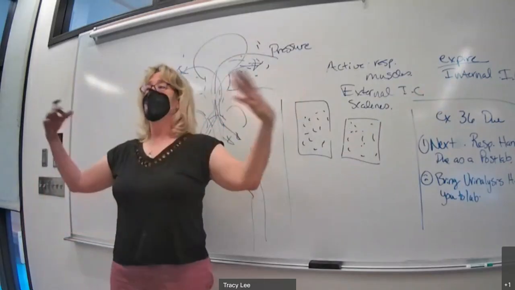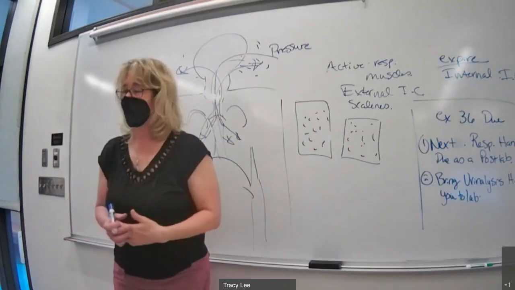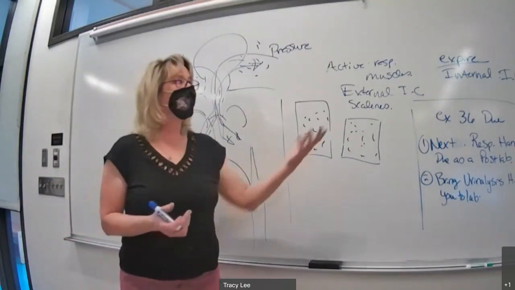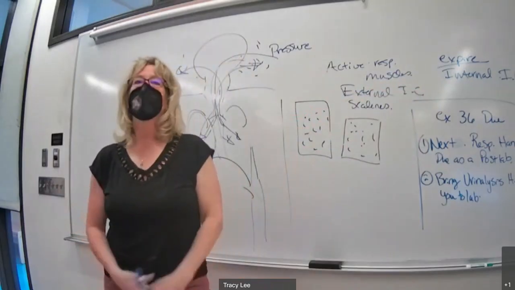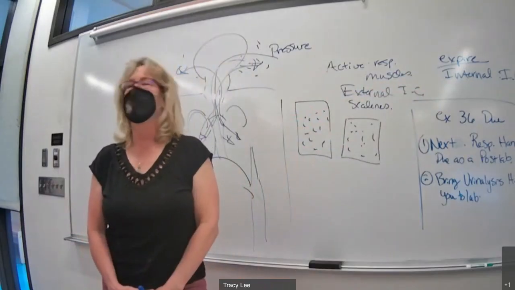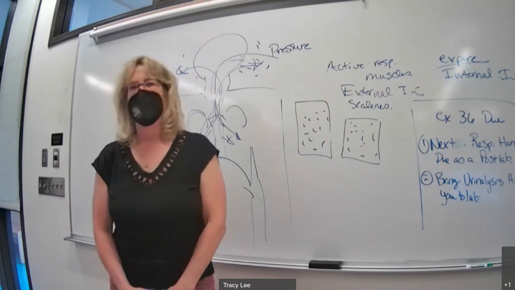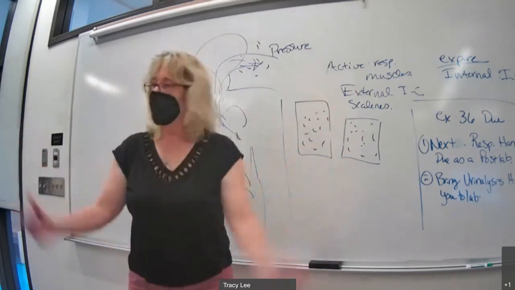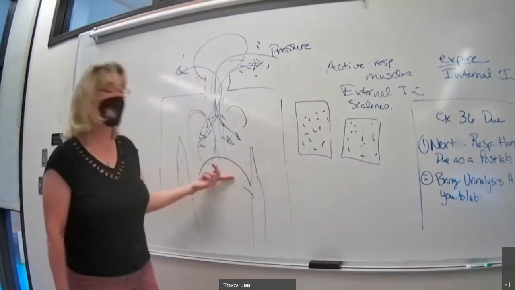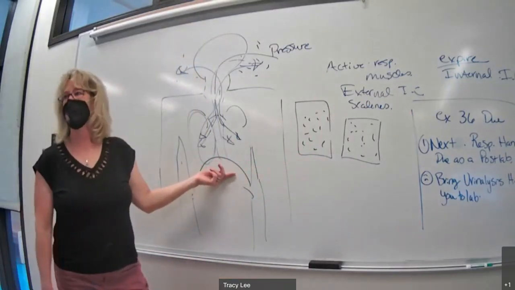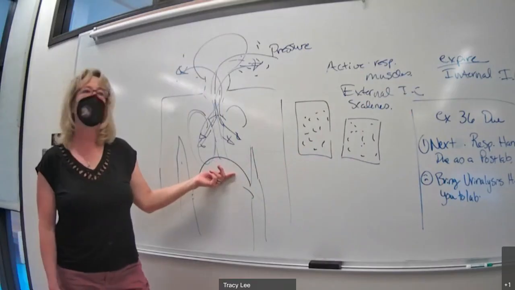So another way we can affect the amount of oxygen coming into our body through respiration is actively recruiting muscles. When we are just standing there and we're not exercising, are we sitting there really sucking in and engaging those muscles? No, it's probably our diaphragm doing 99% of the work when we're just standing there.